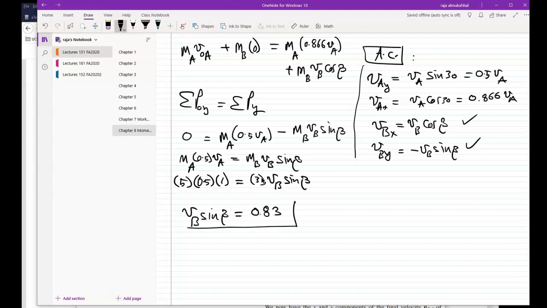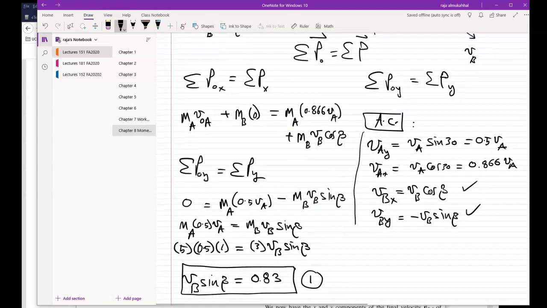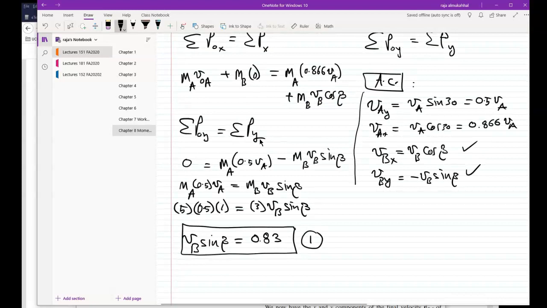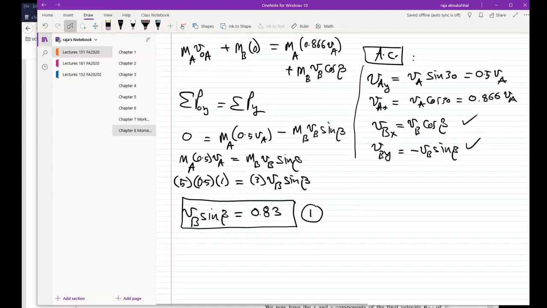So I got this equation. Let me box it and I'll come back to it. I'm going to call it equation 1. Now I need to work on the x component, which is right this one right here. Okay? So let's do it. Looking at this equation, guys, I'm going to plug in what I have out of it. Of course, this part is 0. So I'm going to have m sub A, and that's equal to 5.